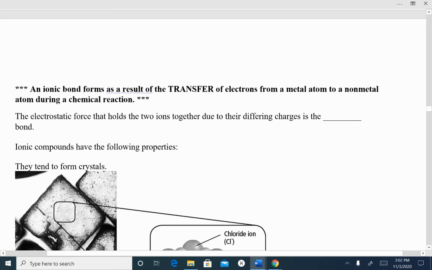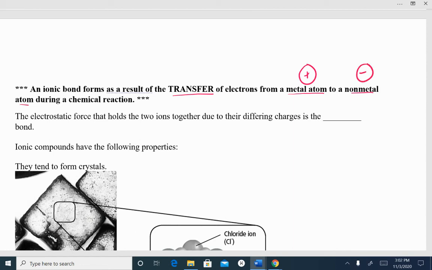Ionic bonds form as the result of the transfer of electrons. So I'm taking the valence electrons of the metal atom and I'm giving them to the nonmetal atom during a chemical reaction. So the metal becomes a positive ion and the nonmetal becomes a negative ion.